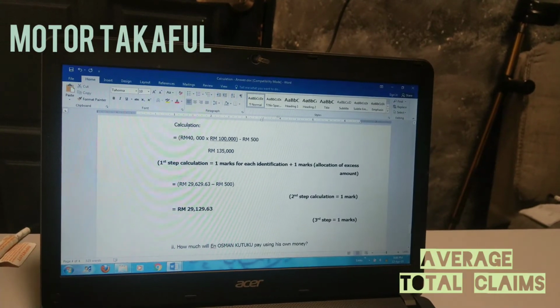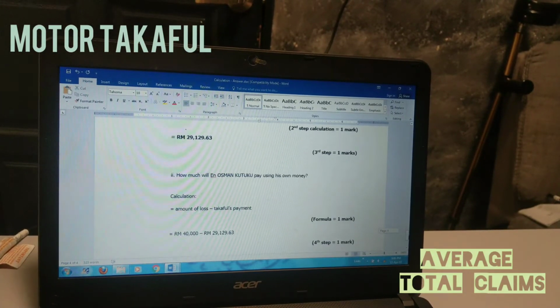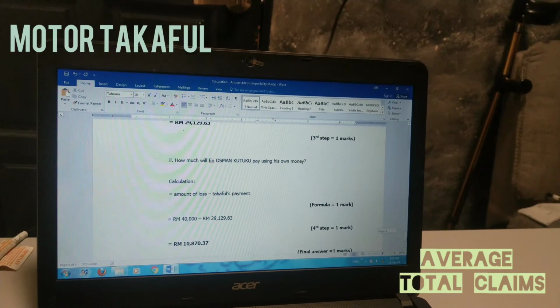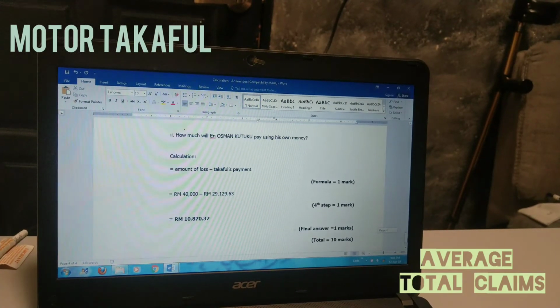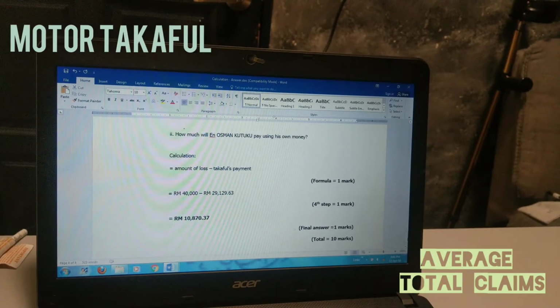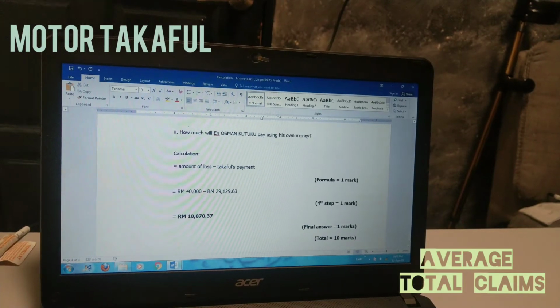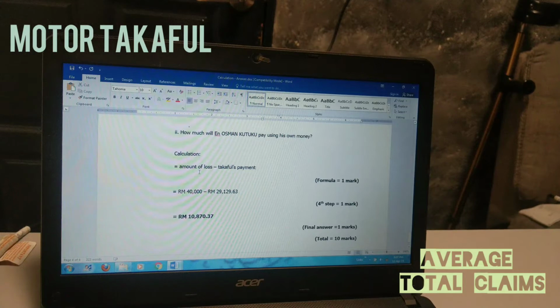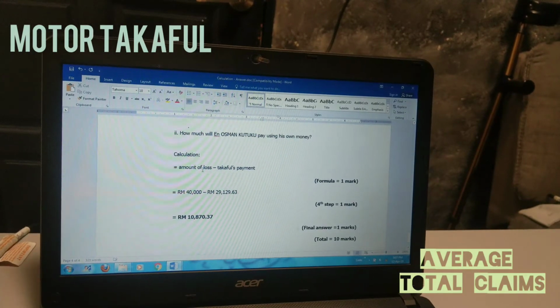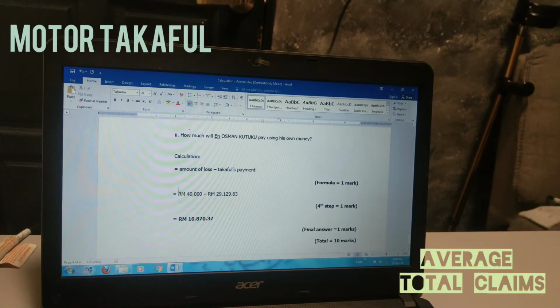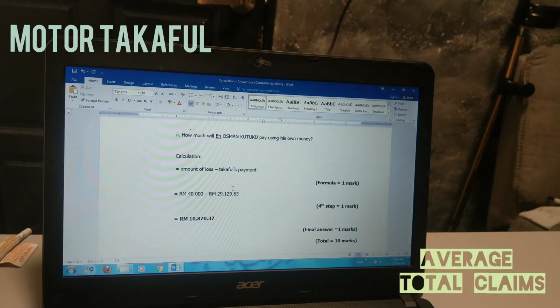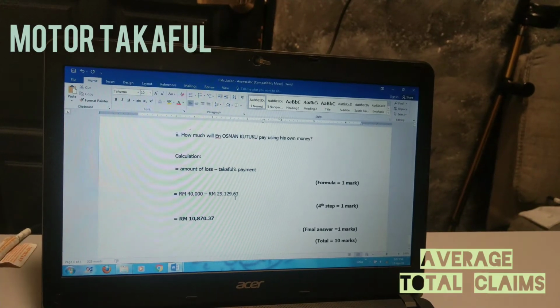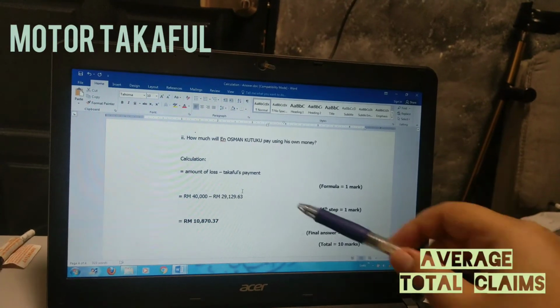Question number 2. How much will Osman Kutuku pay using his own money? The formula is simple. The amount of loss, which is 40,000, which has been stated in the question, minus 29,129.63. Where do we get this number?